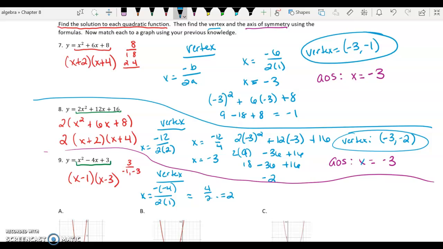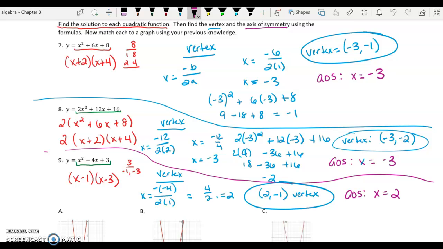Now I'm going to plug that back in to find my y. You end up getting 4 minus 8, which is negative 4, plus 3, which is negative 1. So I would get 2, negative 1 as my vertex. And then my axis of symmetry is x equals 2.